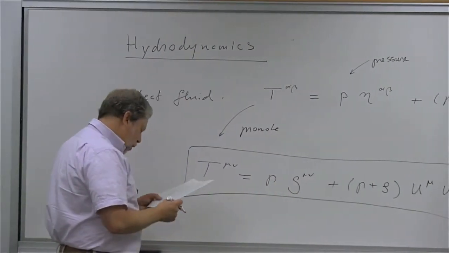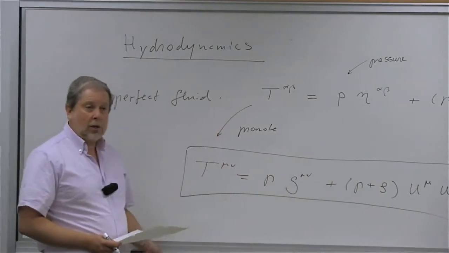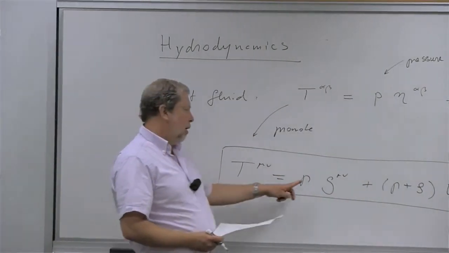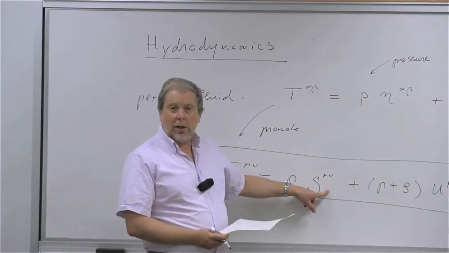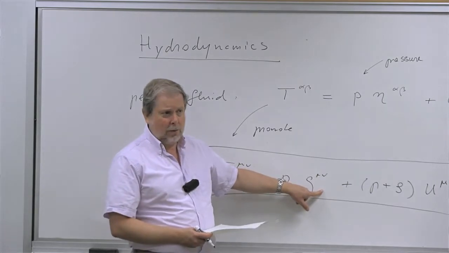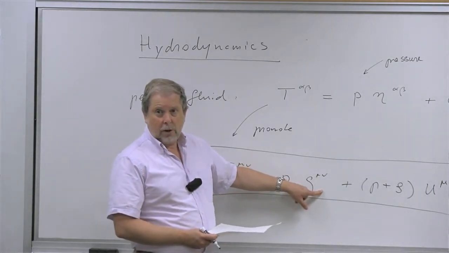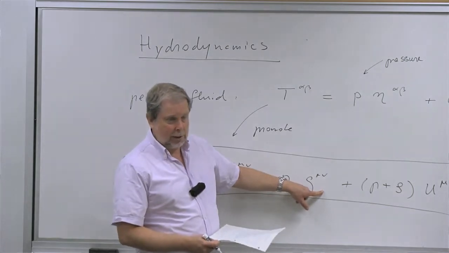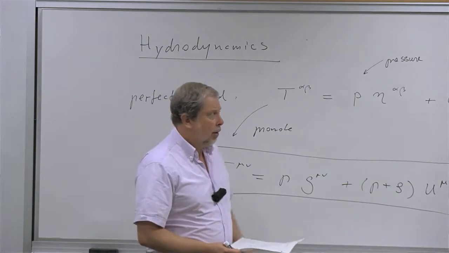And in general, we cannot assume that the pressure or the density is constant everywhere, so there's going to be derivatives of the pressure and derivative of this thing. What about the derivative of the metric? Well, if you paid attention in the last class, then you would have remembered that always the covariant derivative of the metric is 0, so that term is not going to contribute, right?